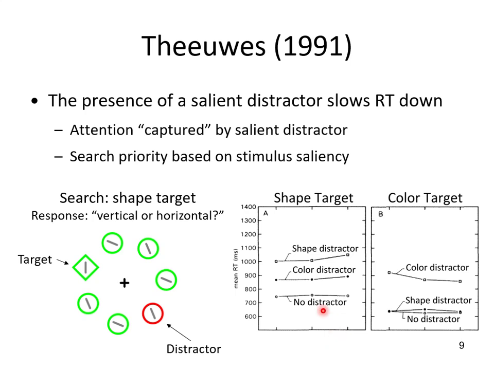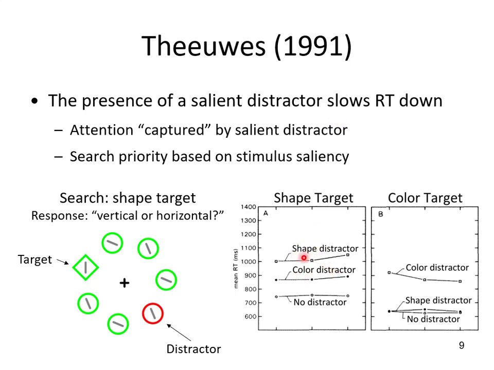What does it mean? It means that sometimes you will go to the color distractor and then you regret and then you go back to the target, right? So this difference gives you the evidence that attention is captured or attracted by the salient distractor. Okay?